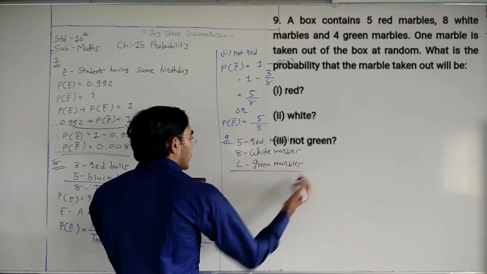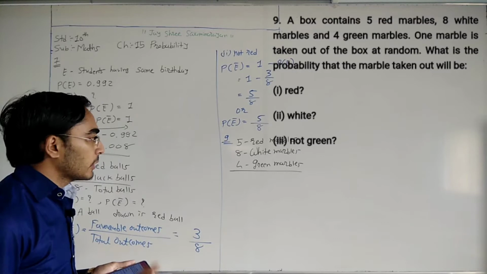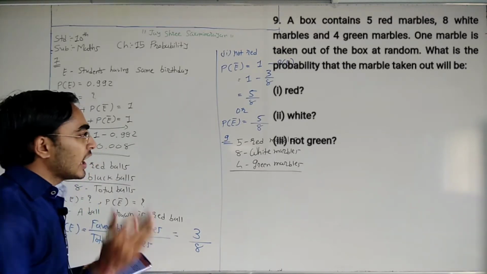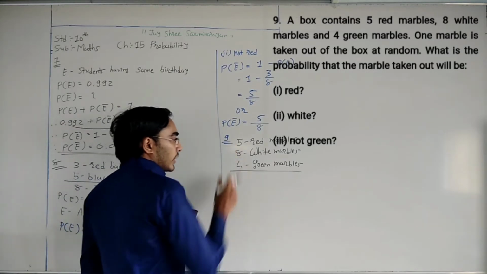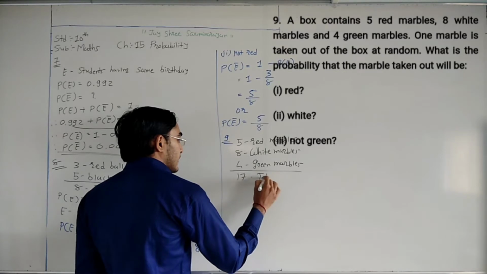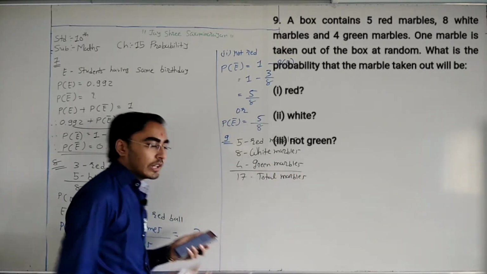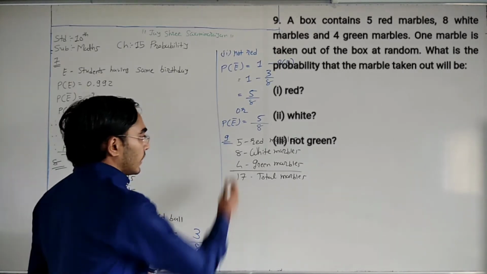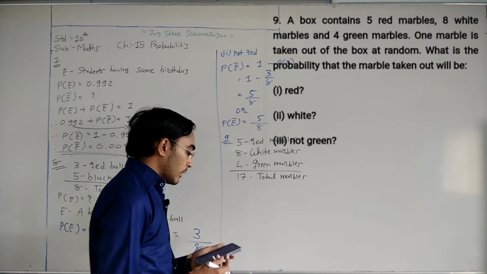So total how many marbles we have here? 5 plus 8, 13 plus 4, 17. Total number of marbles is equal to 17. Add these 3 numbers, 8 plus 5, 13 plus 4, 17. So total 17 marbles we have here.